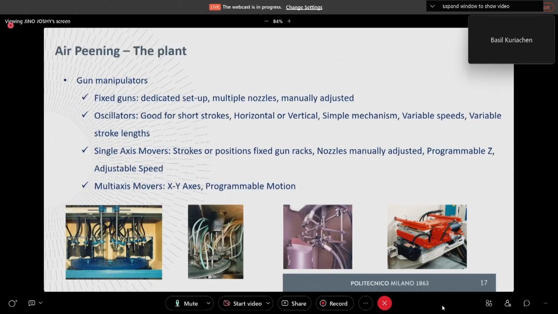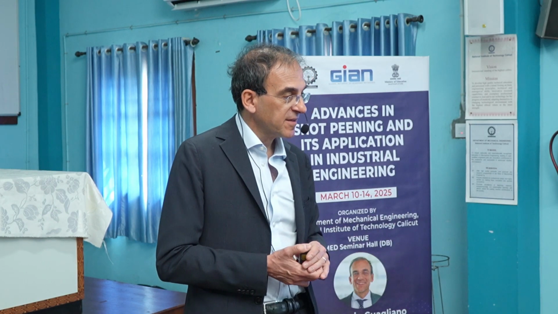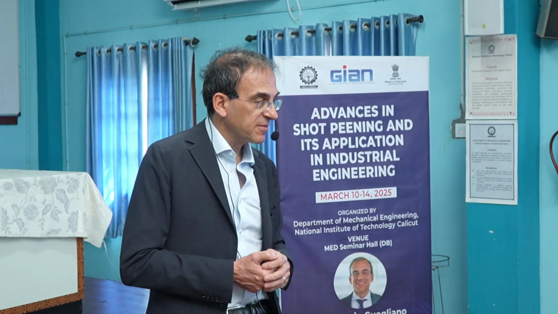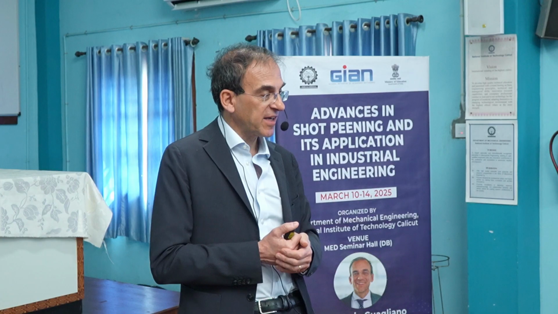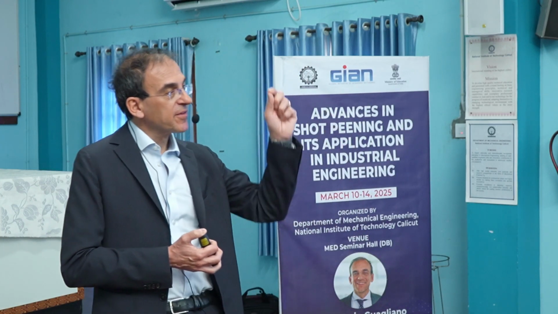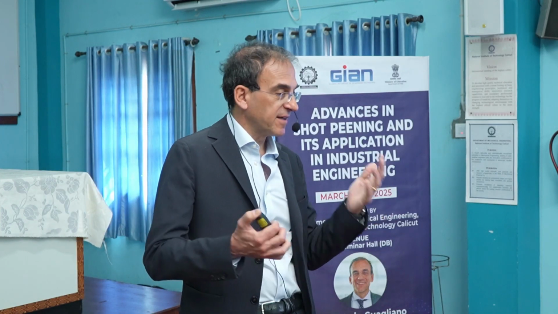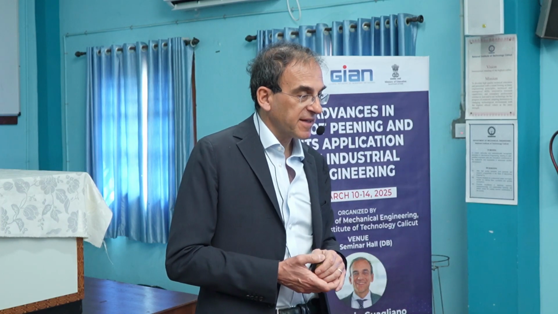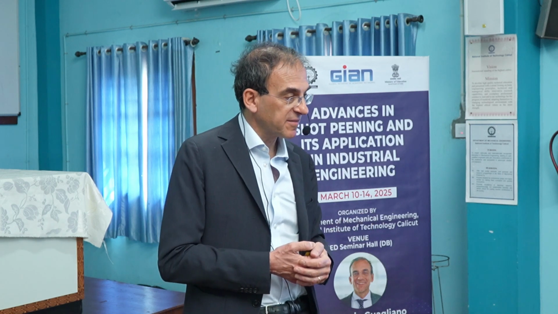Okay, how can the gun be manipulated? We can have different levels of complexity to manage the gun. We can have a fixed gun with a dedicated setup, multiple nozzles, that are manually adjusted. Oscillators that are good for short strokes, short movements, and can be horizontal or vertical, and the characteristic is that they are simple mechanisms.